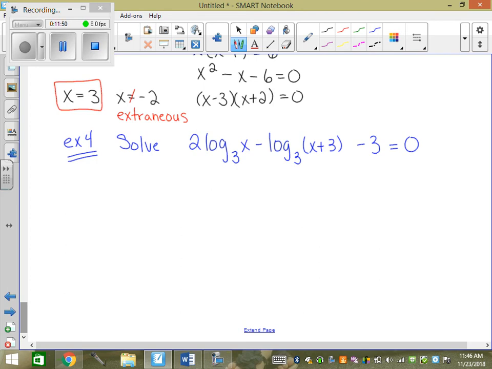Anything that doesn't have a log on it needs to go to the other side, correct? And in order to put logs together, what do I need to have in front of the log? 1s or negative 1s. So I'm going to add the 3 over, and I'm going to bring the 2 up.